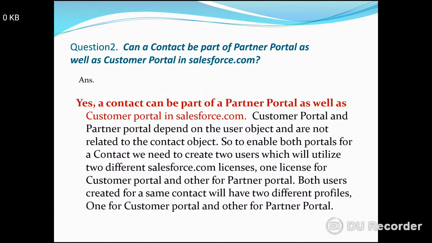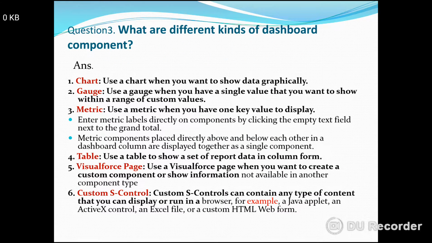Now third question: what are the different kinds of dashboard components? Chart: use a chart when you want to show data graphically. Gauge: use a gauge when you have a single value that you want to show within a range of custom values. Metric: use a metric when you have one key value to display.